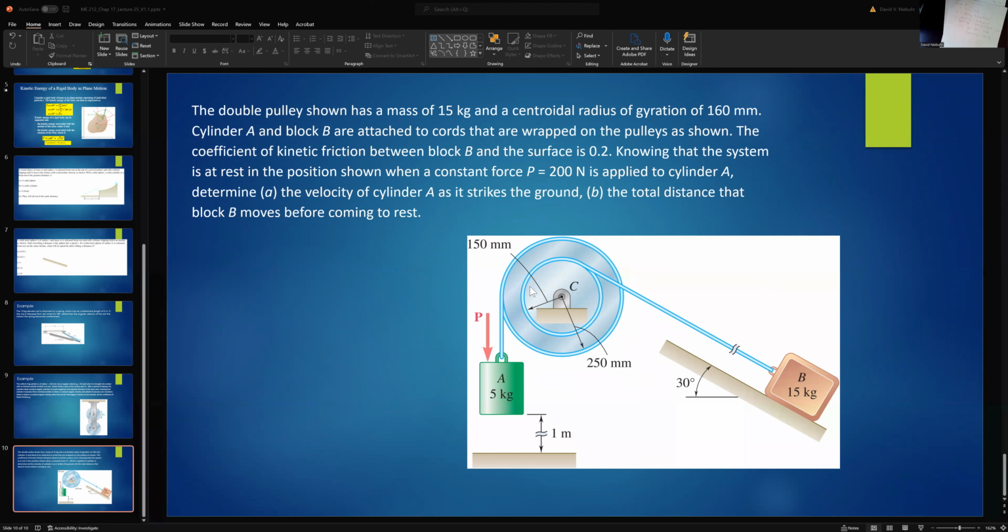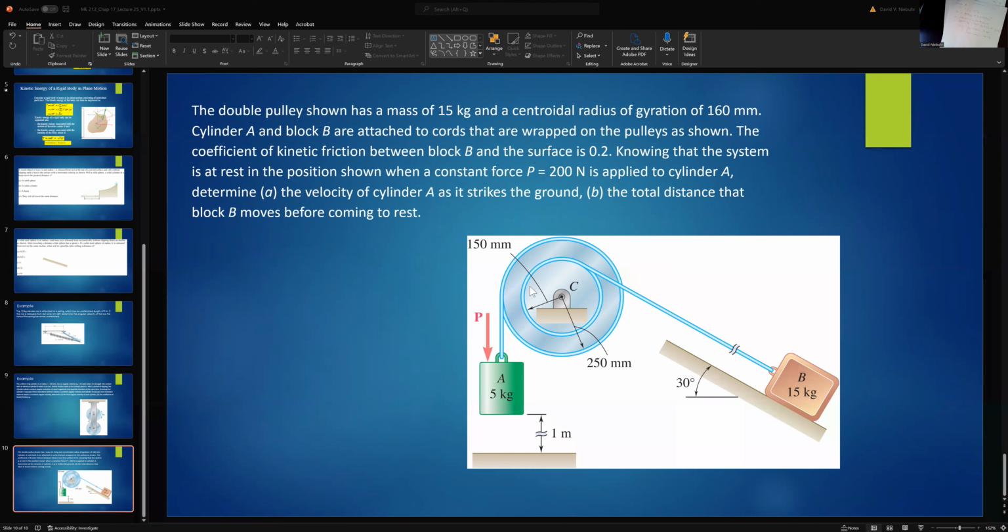The wheel will stop rotating, and the cord will become loosely bunched, but the 15 kilograms will continue to slide. So you'd be deceiving to say the total distance is 1 meter, because that's only as far as the 5 kilograms can go. So we have to figure out the velocity of block B when block A hits the ground.